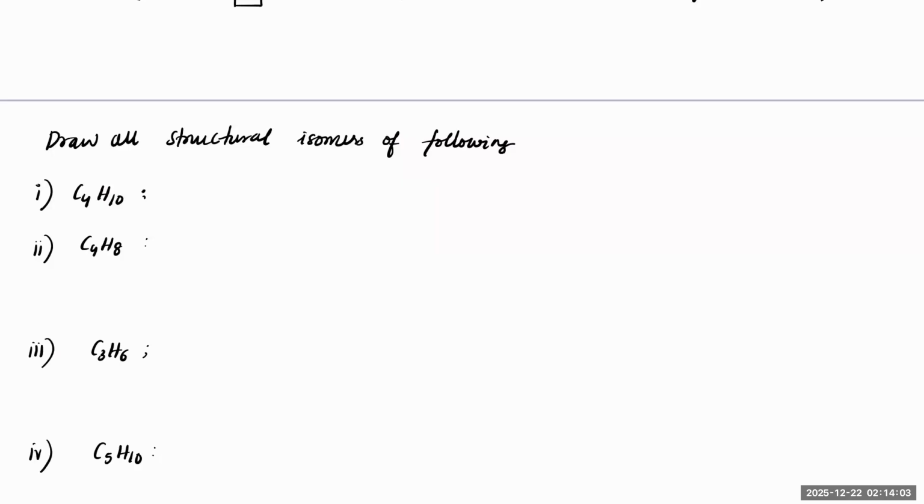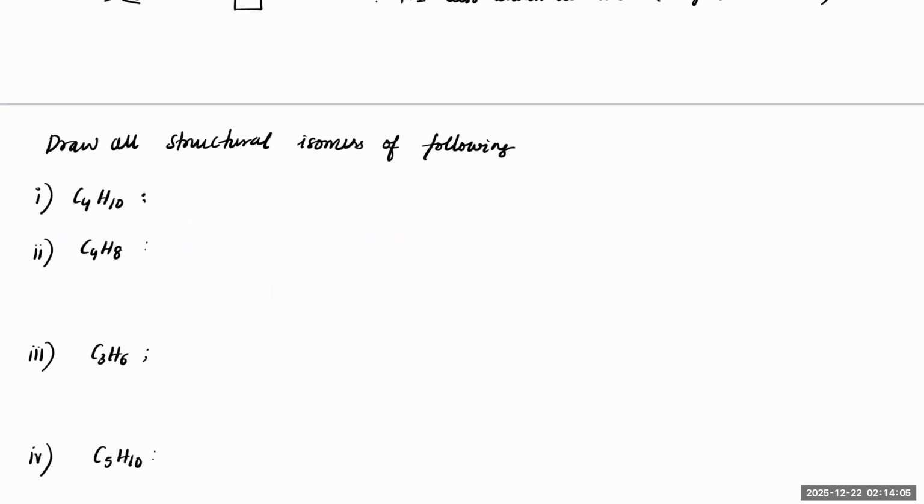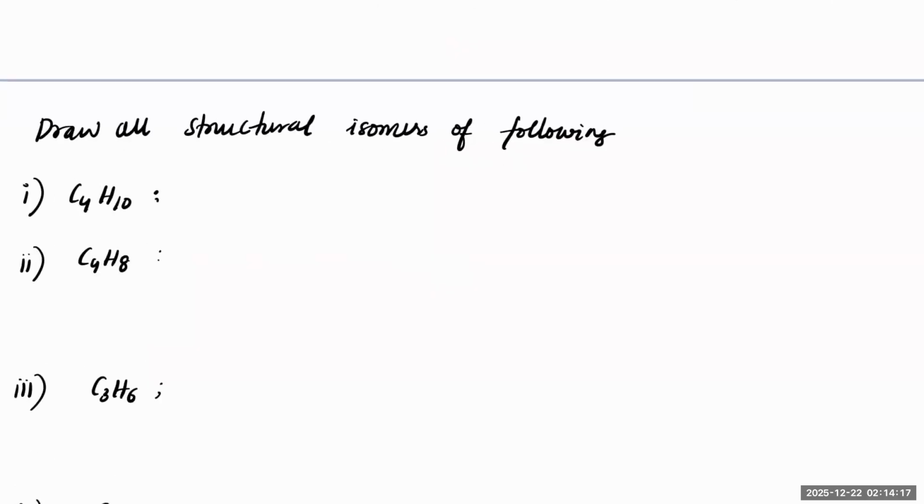Now check out in all these cases if the question is more to do with the number of structural isomers. Draw all the possible structural isomers. For any hydrocarbon, if the number of structures is asked, the first thing you will do is check the degree of unsaturation. So in the case of C4H10, what is the degree of unsaturation?